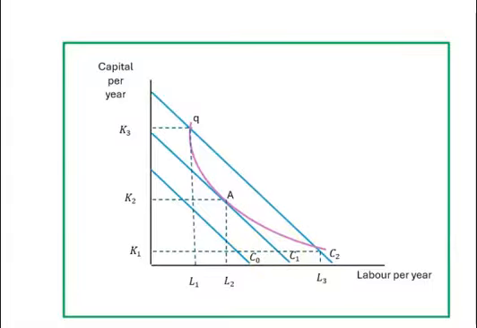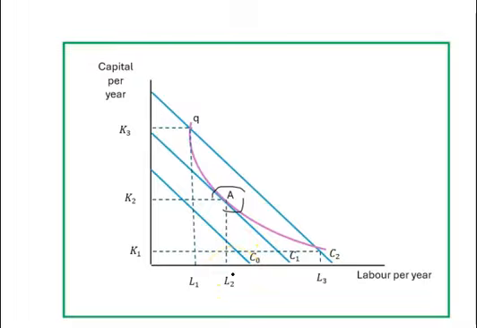Costs are at a minimum at point A. It's at point A because this is where the Isocost line C1 is tangent to the Isoquant curve Q. And at this point, the firm minimizes cost by using K2 units of capital and L2 units of labor.